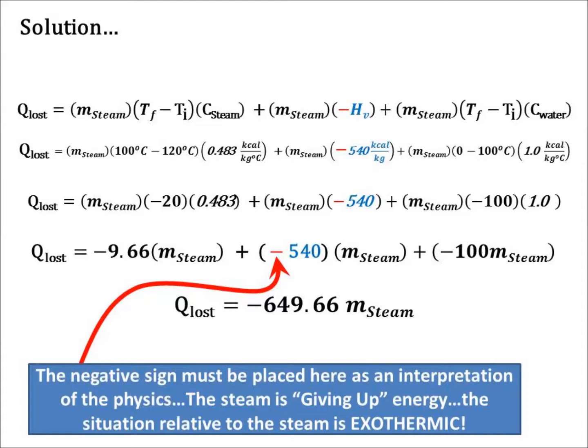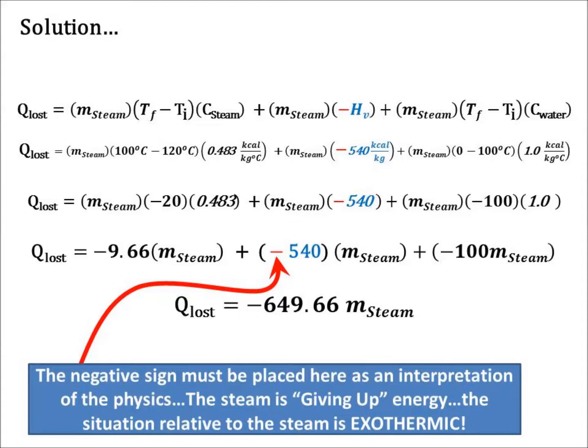So that's going to be M times negative 540. And then it's going to go from 100 to 0. So it'll be 0 minus 100, which is negative 100, times 1, which is the specific heat capacity of the water. Okay? So if you look at the first term, that reduces to 9.66.